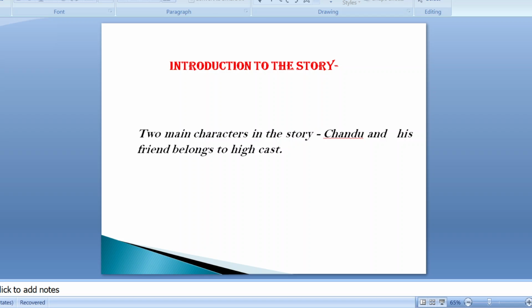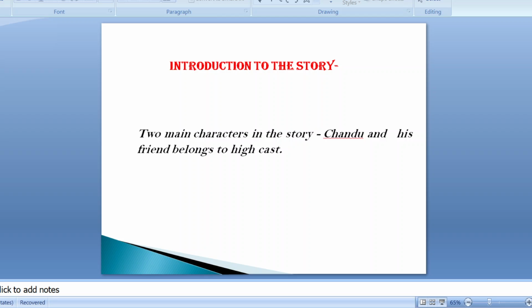When we see the general intro of this story, the story Barber's Trade Union has two main characters, as you can see on your screen. First is Chandu and second is his friend who belongs to the high caste. Chandu is a barber, a low caste boy, and his friend belongs to the high caste.